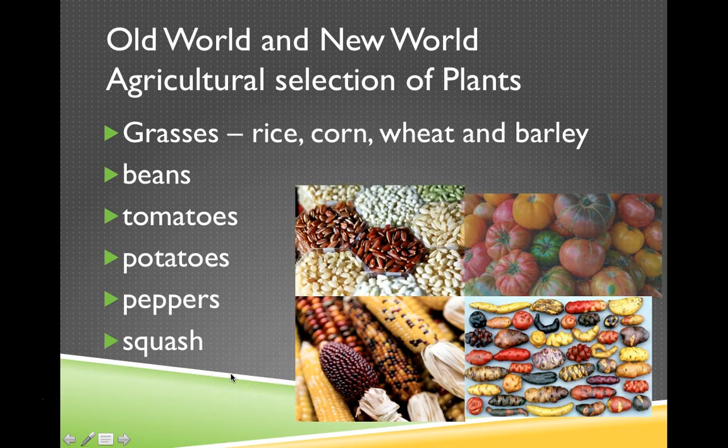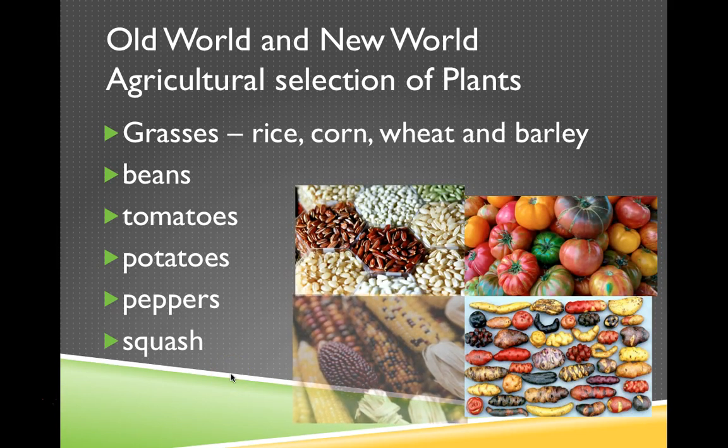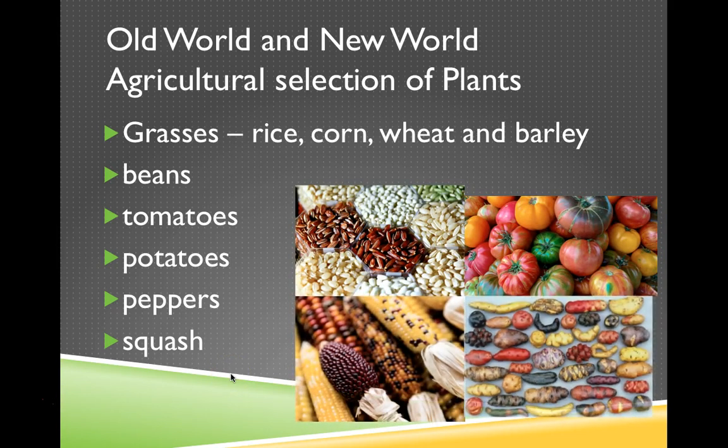In terms of agricultural selection of plants for sources of food, both the Old World, including Europe, the Fertile Crescent, and Asia, as well as the New World, North and South America, have contributed to the huge diversity that's available today for people to eat. This took thousands of years for cross-cultural exchange and globalization of various sources of foodstuffs.